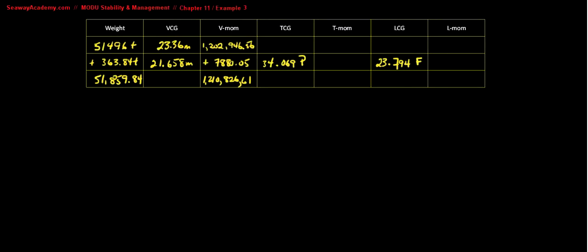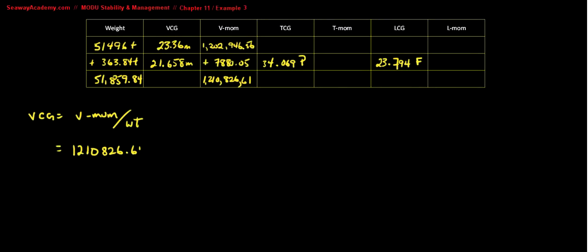So now we can calculate our vertical center of gravity. And our vertical center of gravity, the formula is your vertical moment divided by your total weight. We calculated our vertical moment to be 1,210,826.61 ton meters.